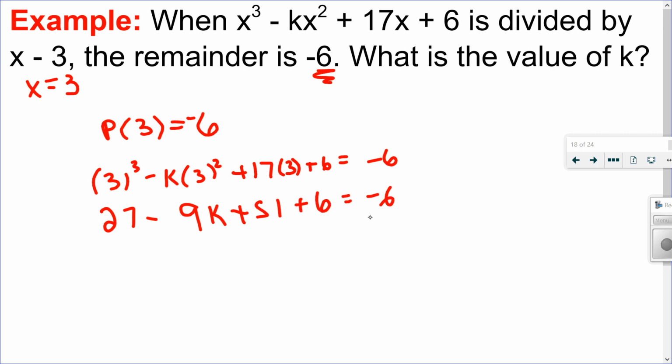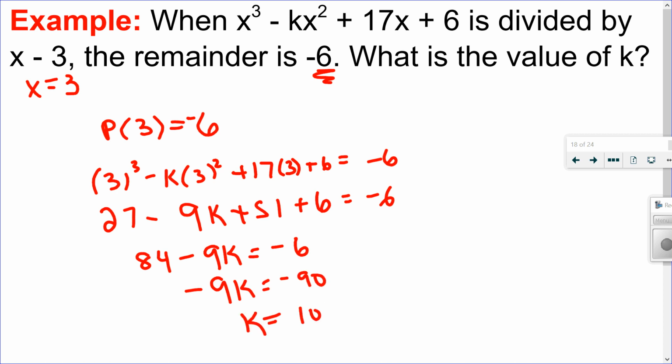So what I really have is, grouping all of my like terms, 27 and 51 and 6, that is 84 minus 9k equals negative 6. So I will subtract 84 from both sides to get negative 90 and divide both sides by negative 9 to get a k value of 10.